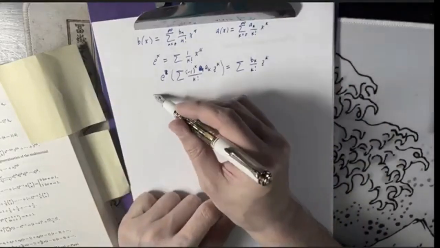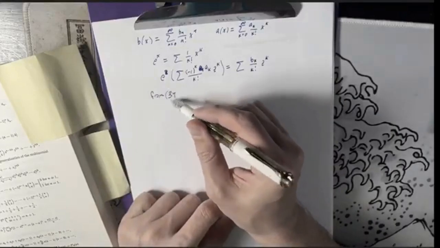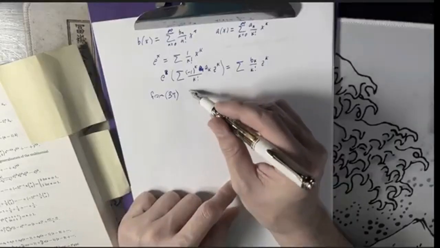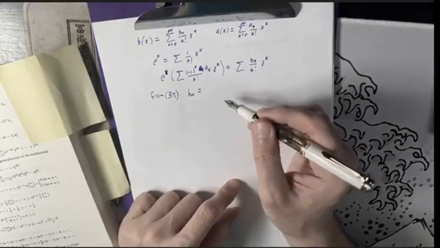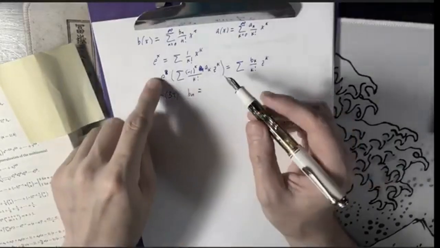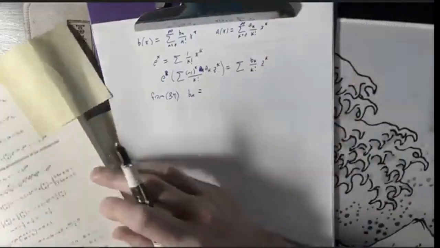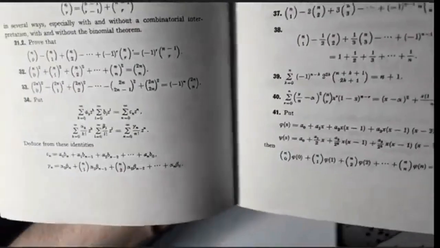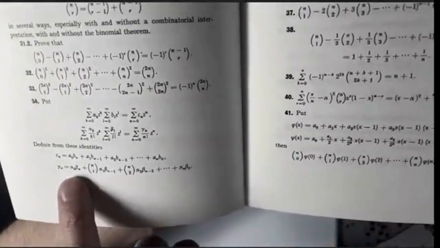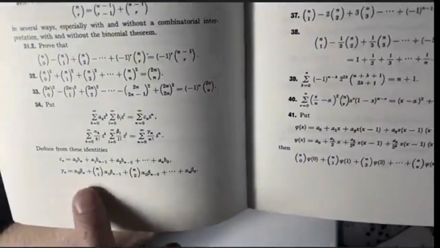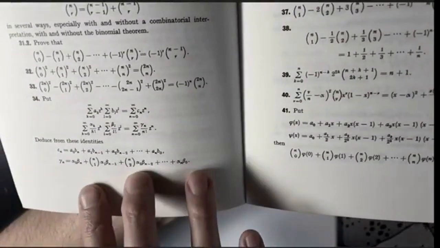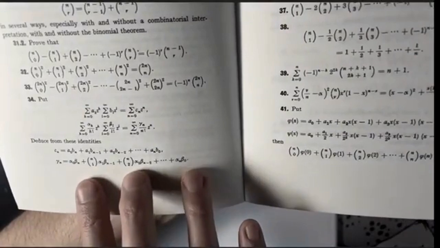Like we know from 34, we have bn is the product of whatever this is. Of course, it's 1. Let me pull that up again. It's just alpha 0 bn plus, then you get this binomial expansion type of thing for the coefficients.